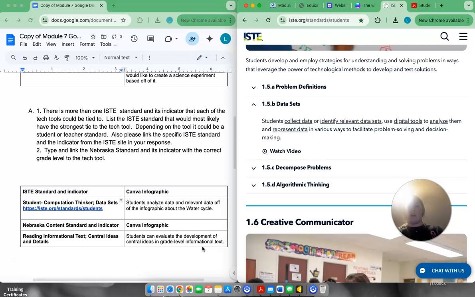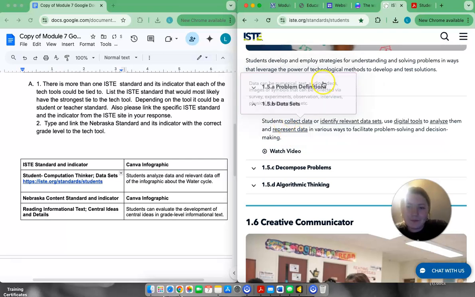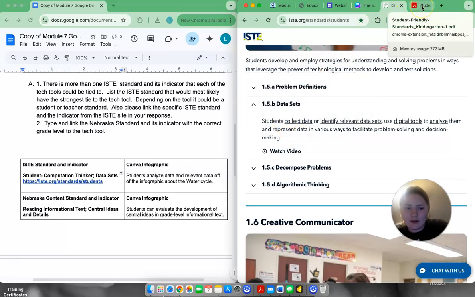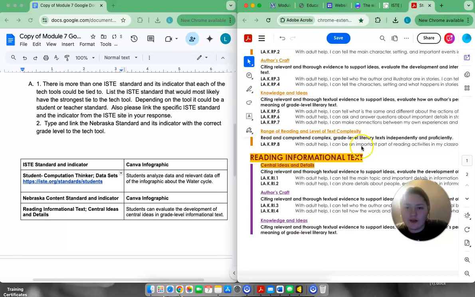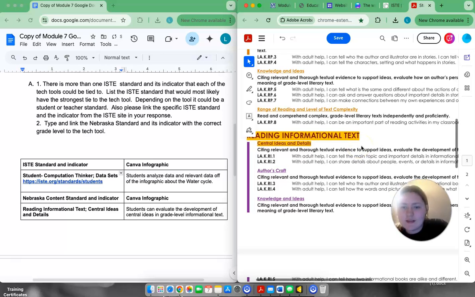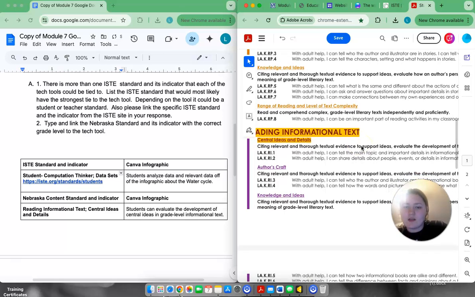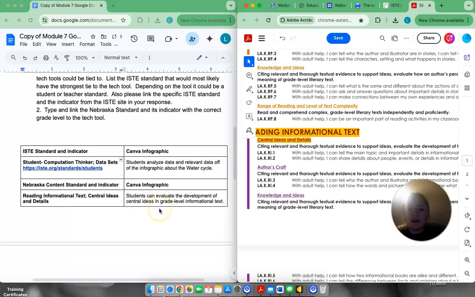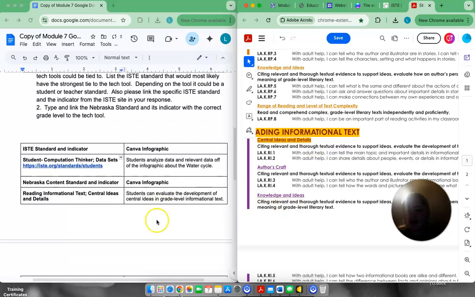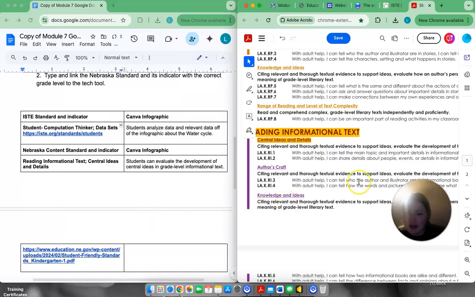And they're analyzing the infographic and they're figuring out, like, collecting ideas of the data or identifying information based off of it. For the Nebraska standard, I chose reading informational text, central ideas, and details. So they're evaluating the development of central ideas of grade level informational text.